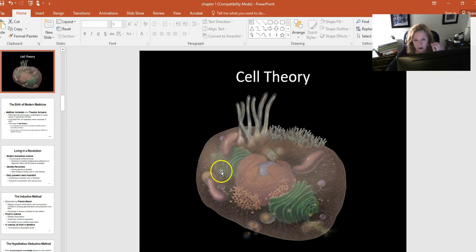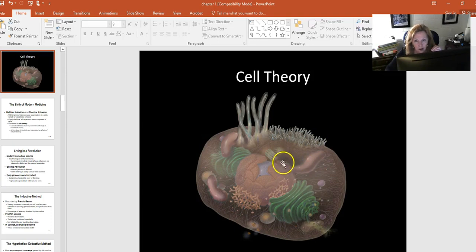In other words, you think of yourself as being alive, but you're only alive because your cells are alive. And you're only you and acting the way you are because your cells are alive and communicating with each other. If that starts to break down, if your cells start not being able to carry out the life functions that they have, there's going to be a domino type of effect.